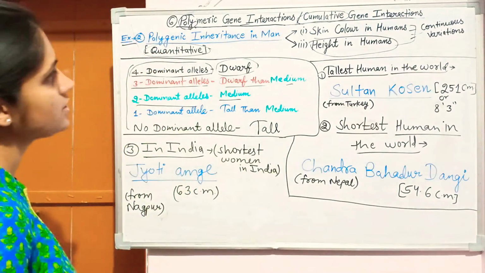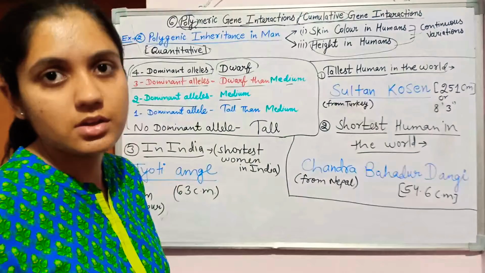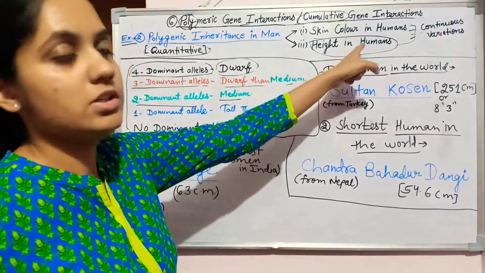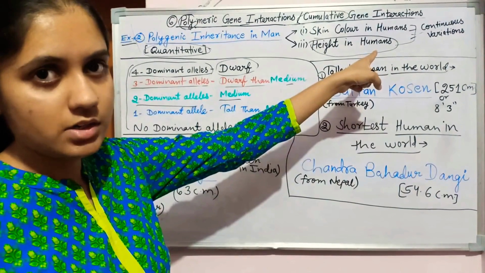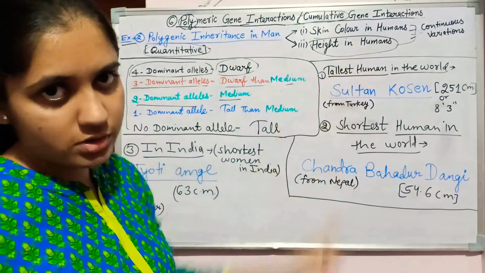Okay, so this is the example of height in humans. Height in humans is also a continuous variation type of character because it has a very large range of characters.